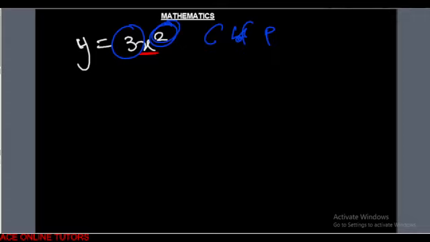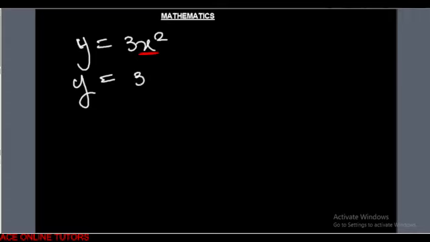You try to remove the coefficient, because you are having only x, not a group. Now how do you remove the coefficient? What you have to know is how that coefficient is joined with what we want to have. This is the same thing as saying y is equal to 3 multiplied by x squared. So they are joined with what? Multiplication.